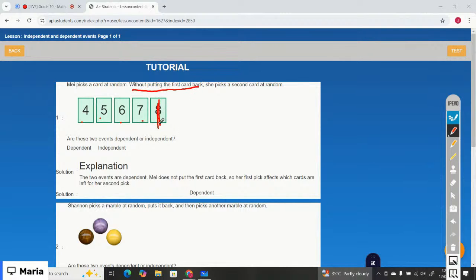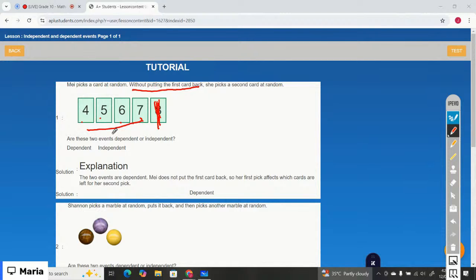For example, she picked this card, right? She didn't put the card back. She is going to pick a card the second time. Now she has only 4 cards, right? So the outcome of the first event affected the outcome of the second event. If for both events, the first event and the second event, the outcomes are the same, then they are independent events.